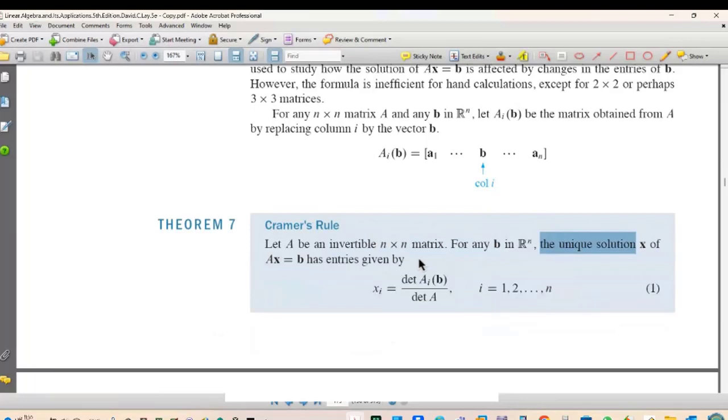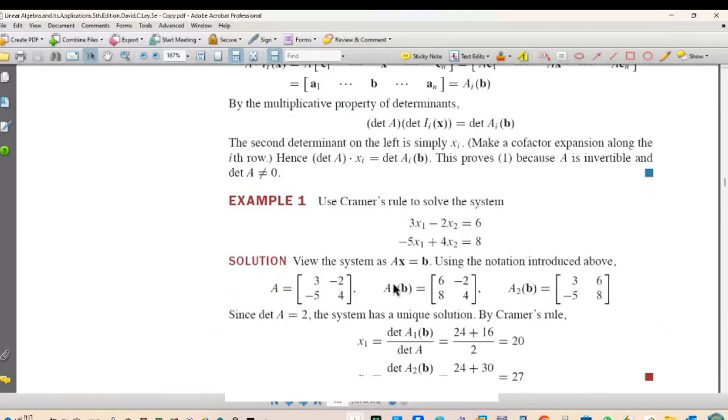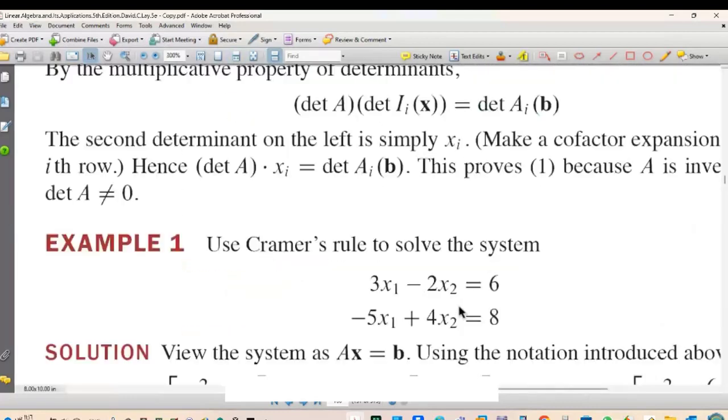So how can we find x1, x2, x3? We have the determinant of Ai(b) over det A. Let's take this example and I will solve it with you.